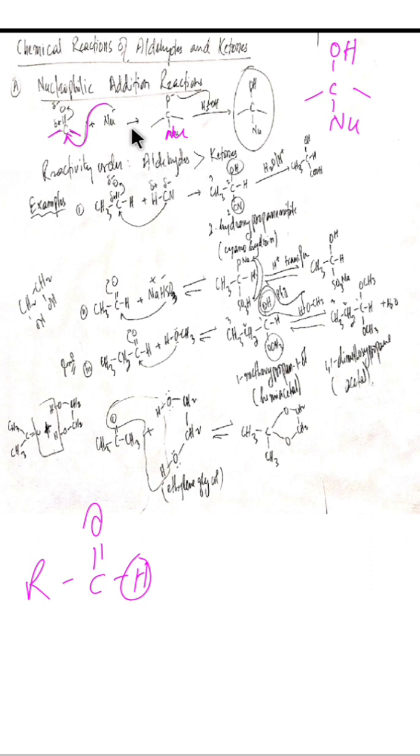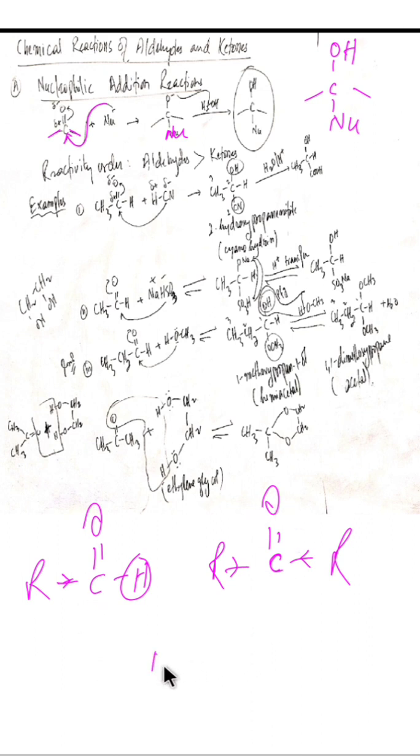Okay, and another reason is that in aldehyde this carbonyl carbon atom has more electron deficiency, because this alkyl group gives electrons to this carbon atom, while this hydrogen does not give electrons to this carbon atom. But in case of ketone, 2 alkyl groups will be attached, so this carbon will not have as much deficiency of electron as this carbon atom.